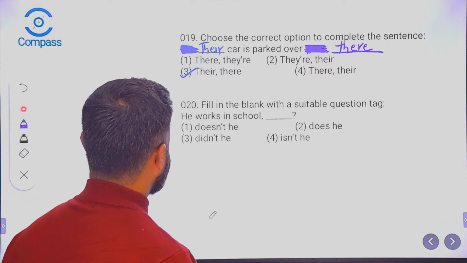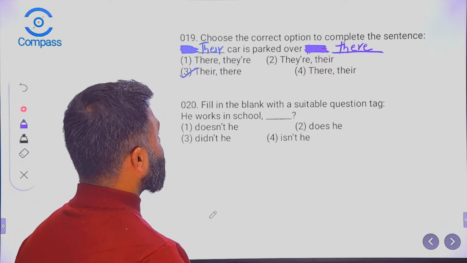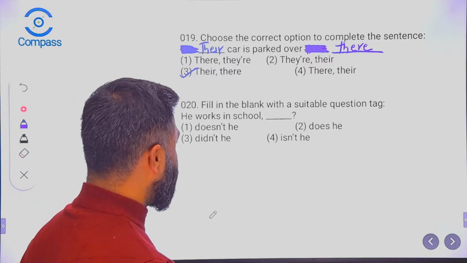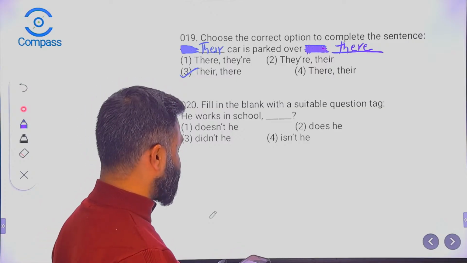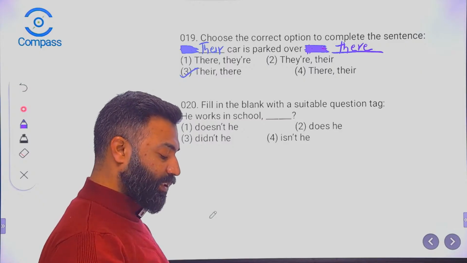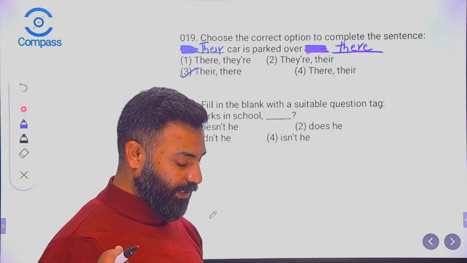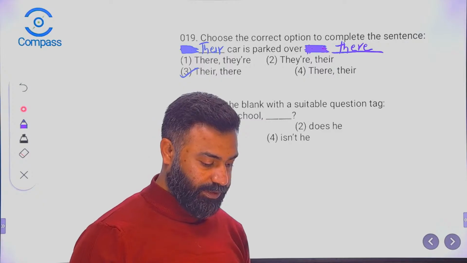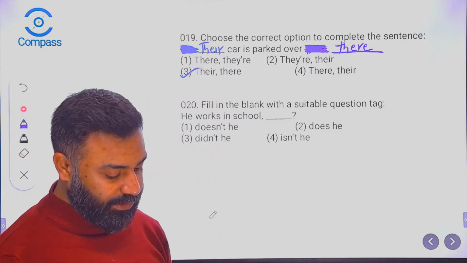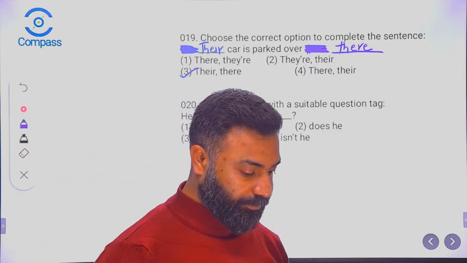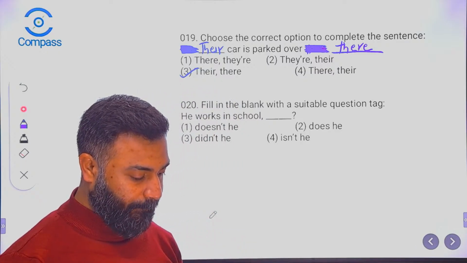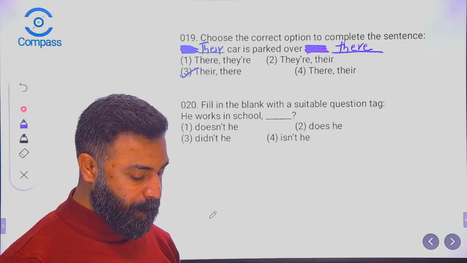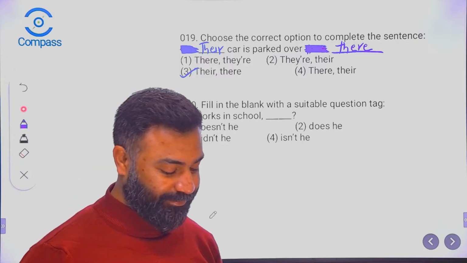Okay. Option number 3. Fill in the blank with a suitable question tag. He works in school. So what do you think? Isn't he? Didn't he? Does he? Doesn't he? So you be the first person to answer the question. Come on. Let's find out who will be the first person to answer the question here. Hurry up, children.